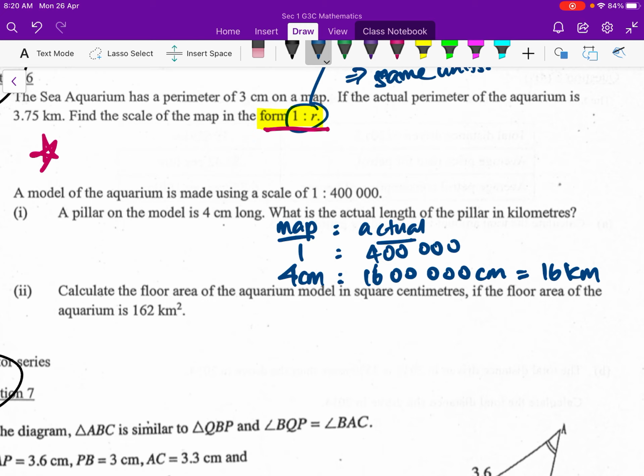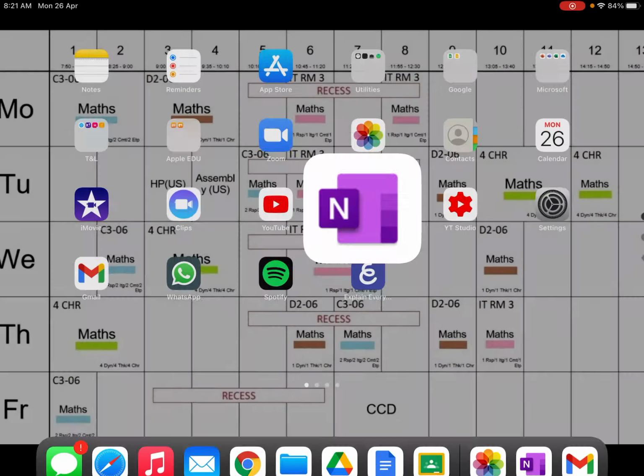Aquarium. I think the fish up there, the pressure is very low. Okay, the floor area of the aquarium model is in square centimeters. If the floor area is 162 square kilometers, you know what's the size of Singapore? Sorry, I cannot help it.